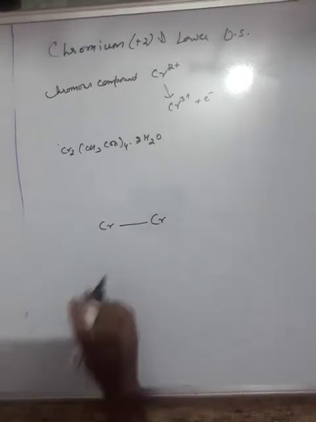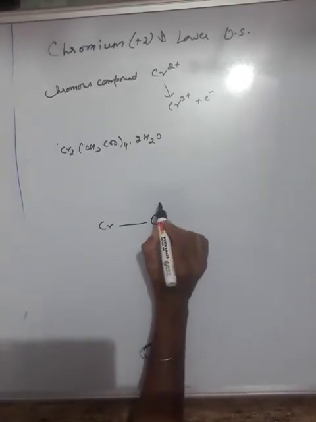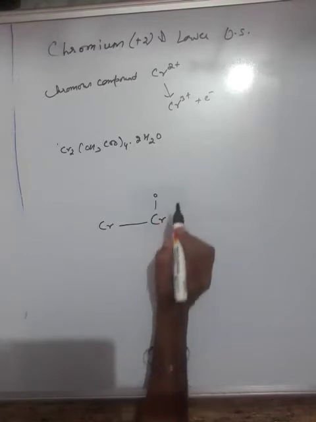Two chromium atoms are linked to each other and the structure is something like this.